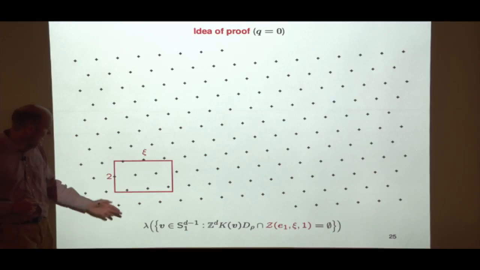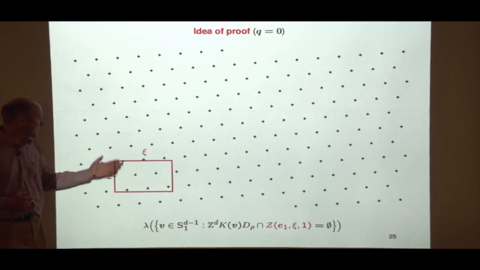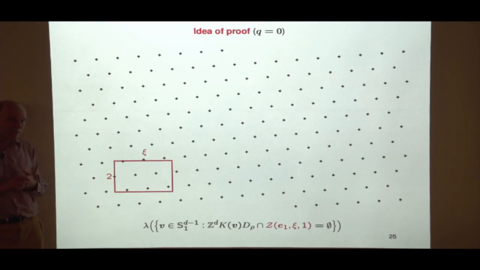Of course, the trade-off is that now our lattice depends on the initial direction and on rho. Now the initial direction is random. So what do we get? We get a sequence of random lattices with respect to our random measure on the set of directions. We get a sequence because we are interested in rho going to 0.